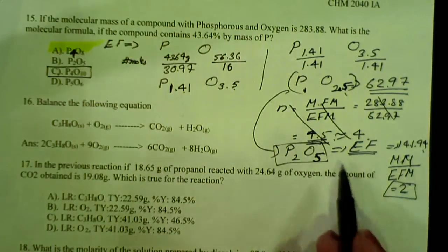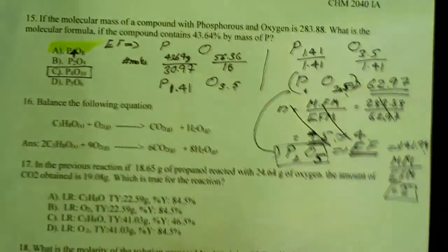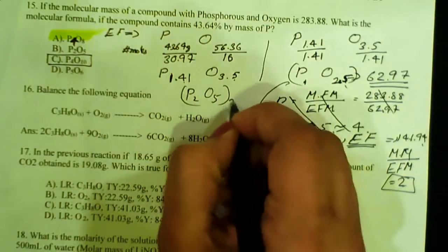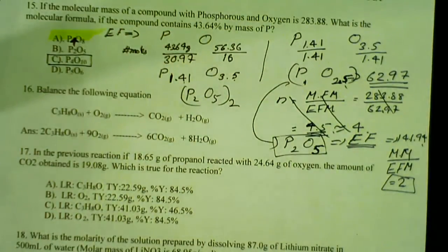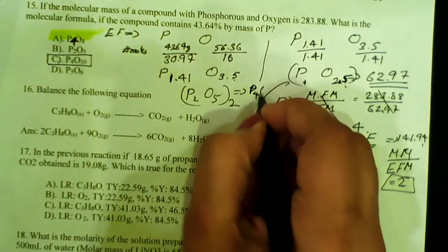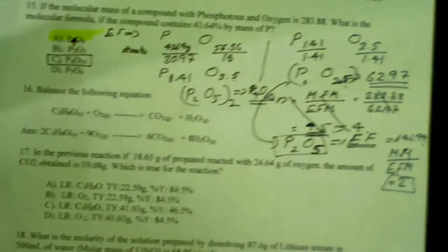Okay. I'm sorry. The molecular formula mass is already given, 283.88. So when you divide 283.88 by 141.94, you will end up with approximately 2. So you can round it up to 2.